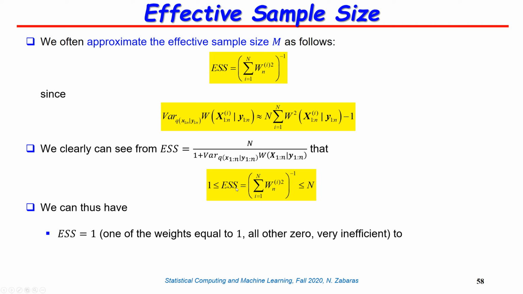So in that case, your effective sample size is 1. Now, if all your weights are 1 over n, that's your standard Monte Carlo calculation, then you have excellent sampling. If you put here 1 over n squared times n for the summation, it will give you 1 over n, inverse, so it gives you n. So that's the case of excellent sampling.